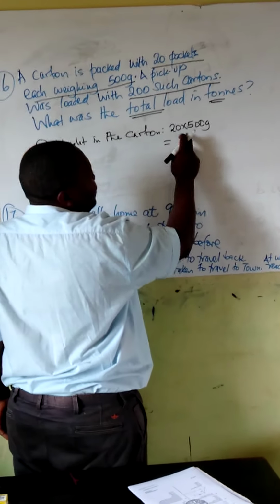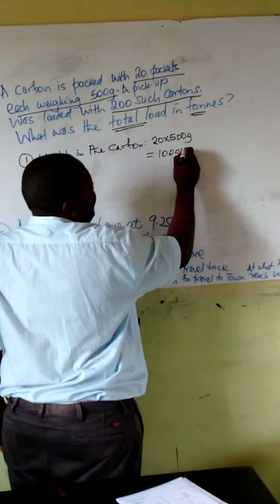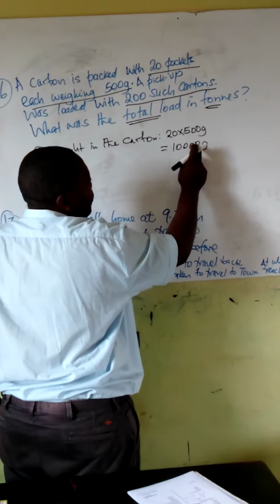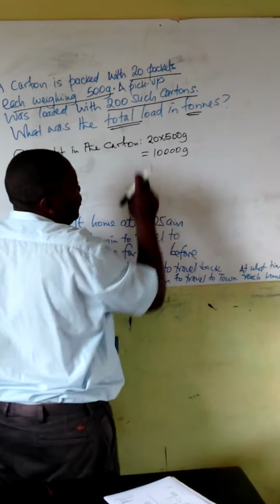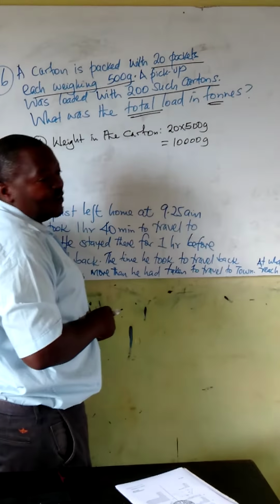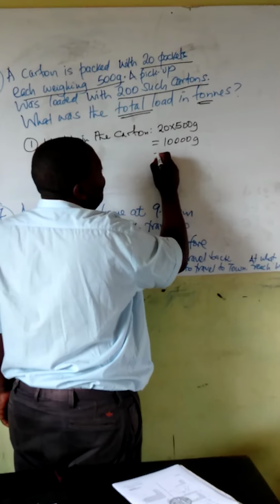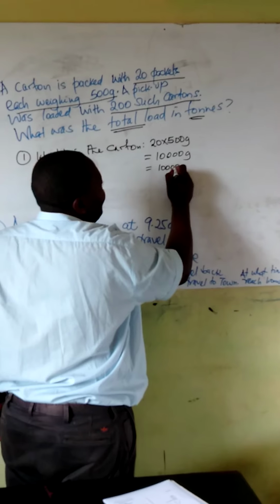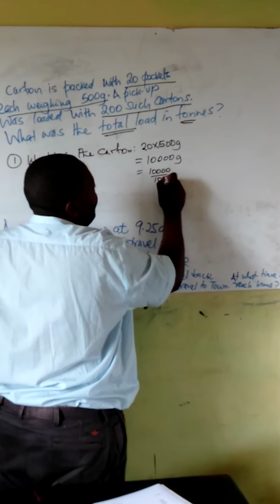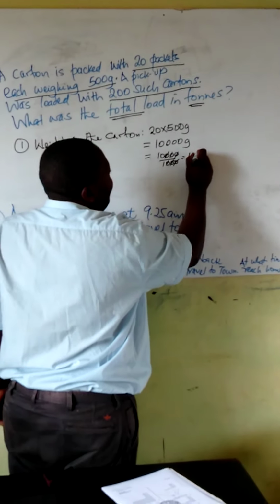So 20 times 500 is going to give us 10,000 grams, which when you convert to kilograms, you divide by 1,000. So you are going to get 10 kg.